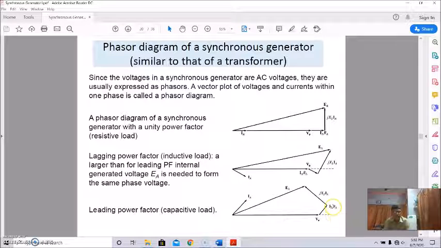So this will be IaRa, the armature resistance drop, and perpendicular to this will be the synchronous reactance drop, and if you add up all this vectorially, Vφ plus IaRa plus jIaXs will give you the excitation EMF or the excitation voltage of the leading power factor load.